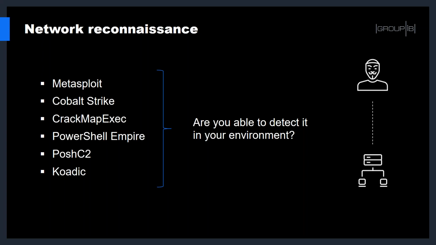Many groups used them, from REvil to Ryuk. Some REvil affiliates also used CrackMapExec, and in a few cases, but still we've seen both of these, it were Bosch C2 and Koadic.